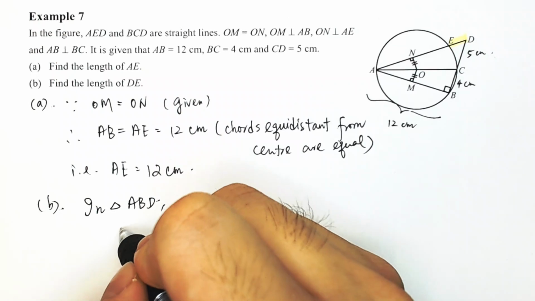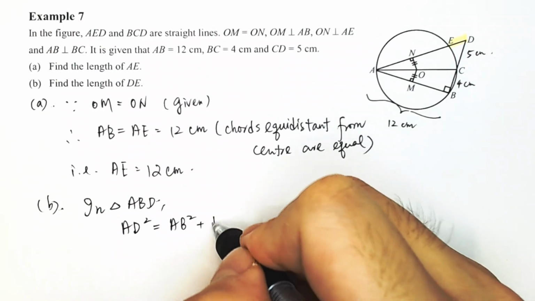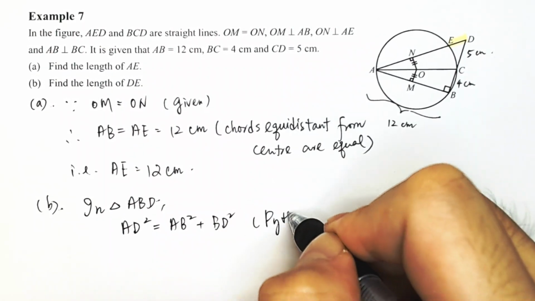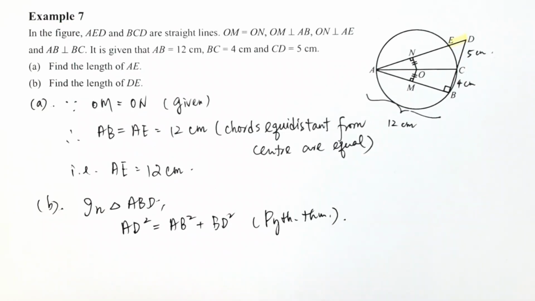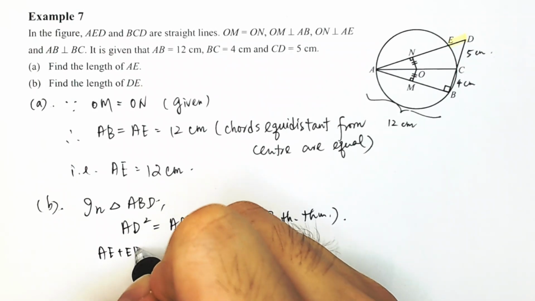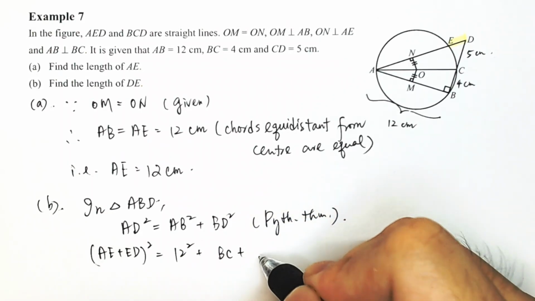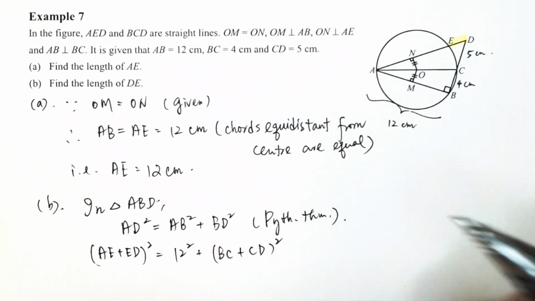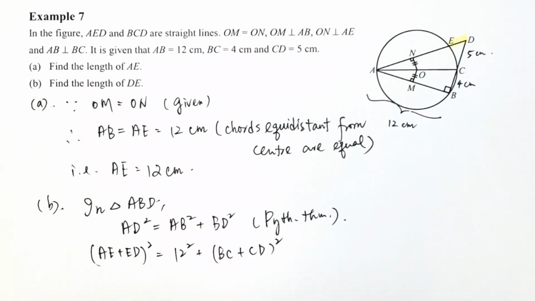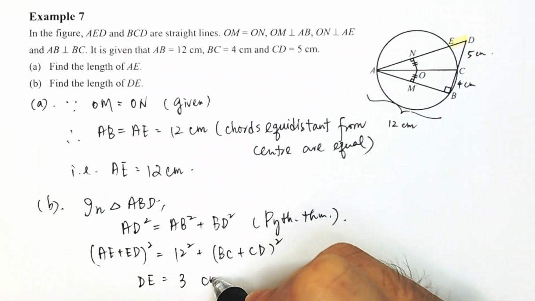We have AD square equals AB square plus BD square. Okay, and AD is formed by AE plus ED, and AB is 12 square, and BD is BC plus CD, which is actually 4 plus 5, that is 9. So AE plus ED is actually 15, minus 12, so you will get DE is 3 cm.